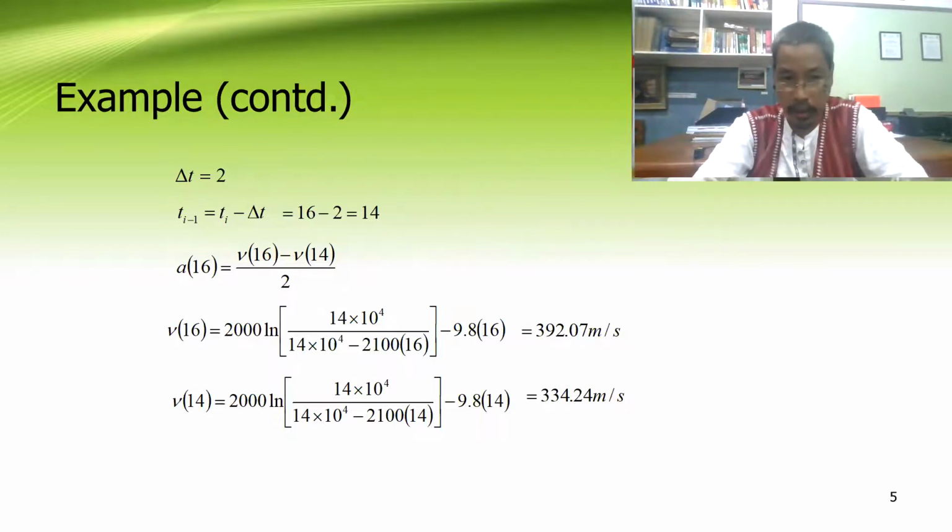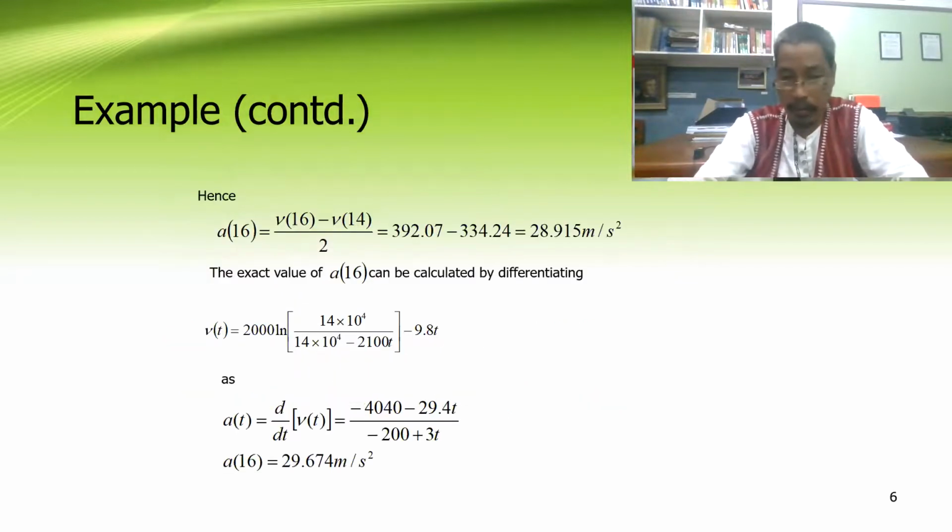So velocity at 16, this is how you can calculate it using the given function, and also the velocity at time 14 is on the lower line, okay, which is equal to 334. So this is how you have to do it. Just substitute the value of 14 to the variable t. Okay, so we have all the needed information.